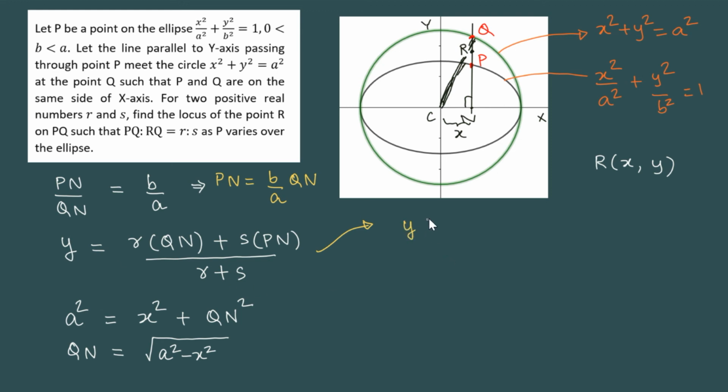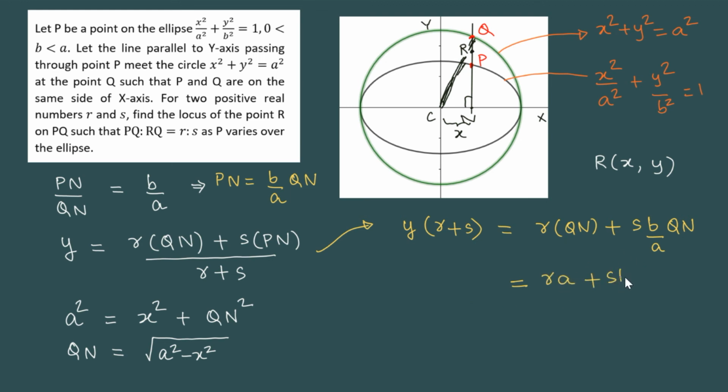So I have y into R plus S equal to R into QN plus S multiplied by b by a into QN.